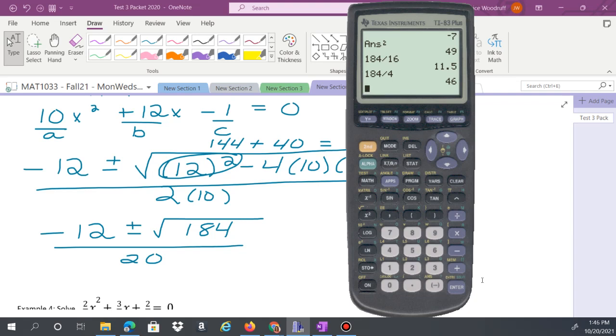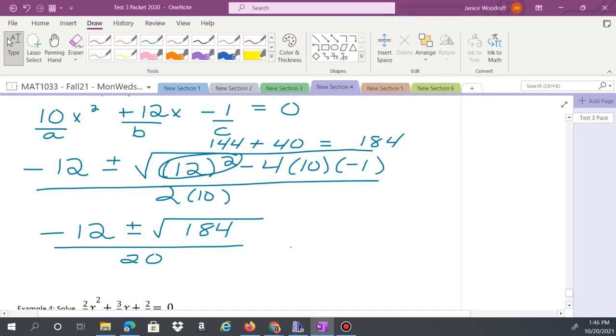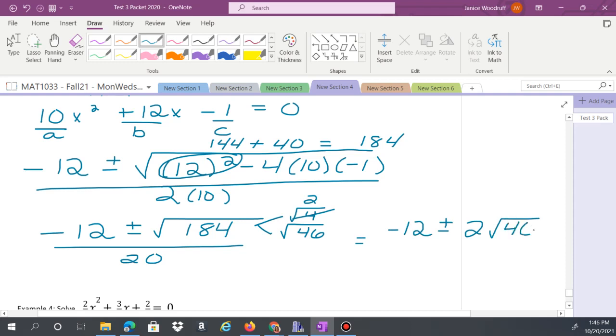Yeah, I think that, I'm just making sure that's the biggest. That 4 is the biggest one. I think so, yeah. All right, so that is square root of 4, square root of 46, square root of 4 is 2. So we get negative 12 plus or minus 2 square root 46 over 20.